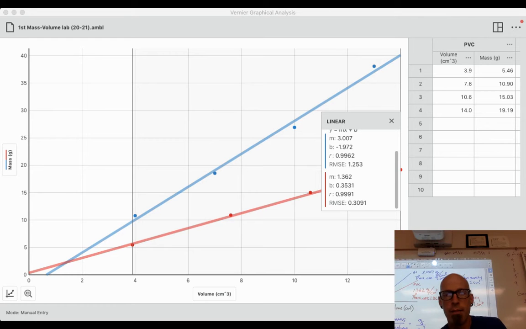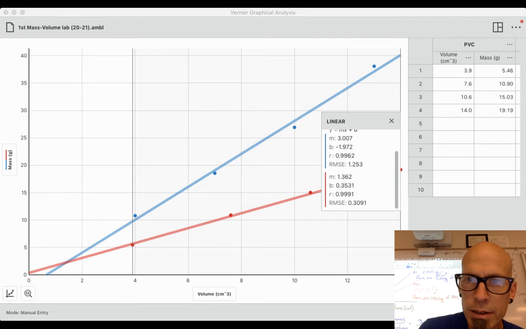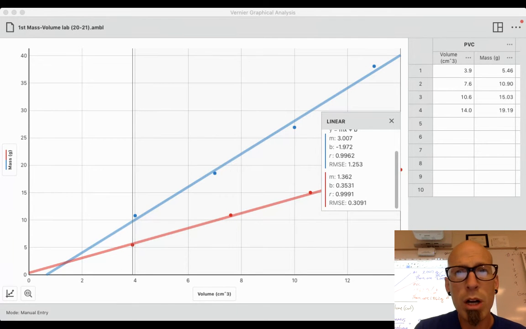Hopefully that makes sense. They all are set up the same structure.